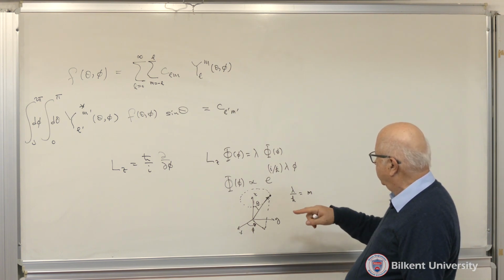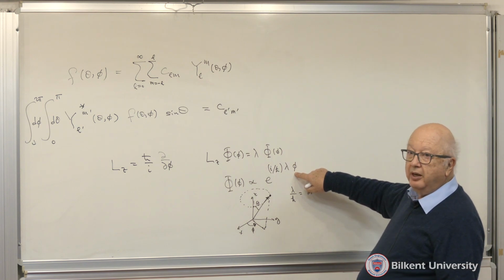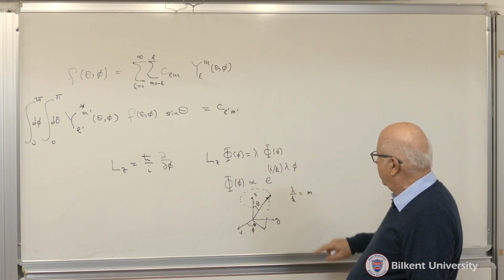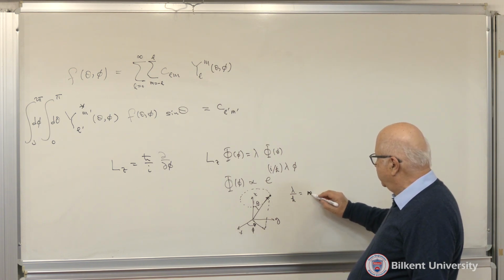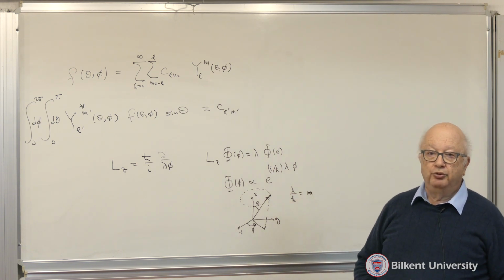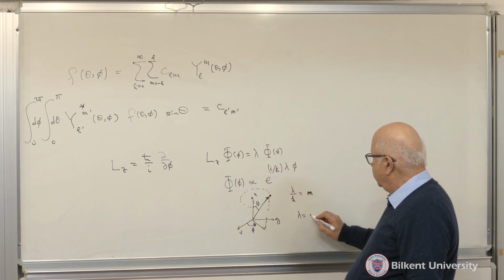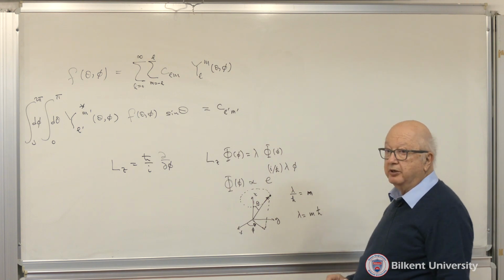Okay, when I increase phi by 2 pi, I want to get to the same thing. So this lambda over h bar must be equal to something like 0, 1, 2, 3, etc. So this lambda, the eigenvalue, must be equal to m times h bar.